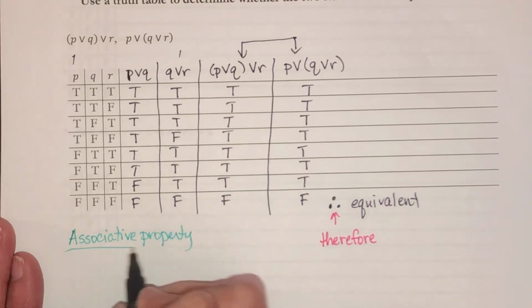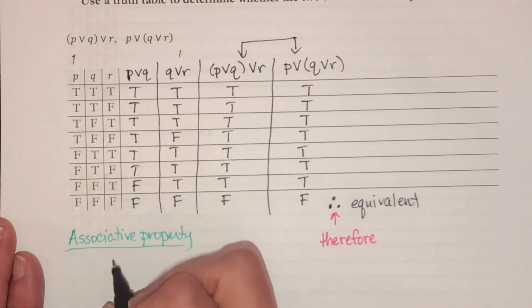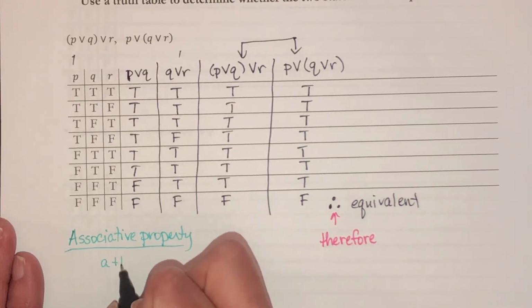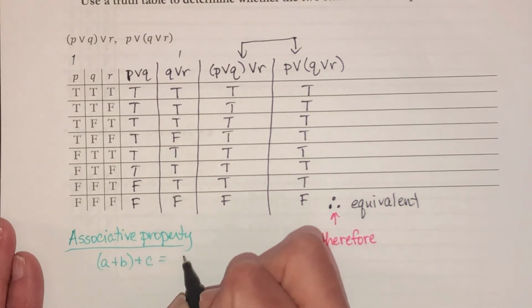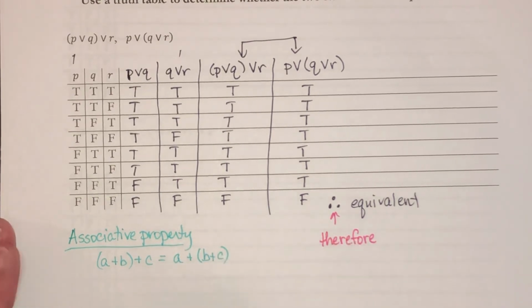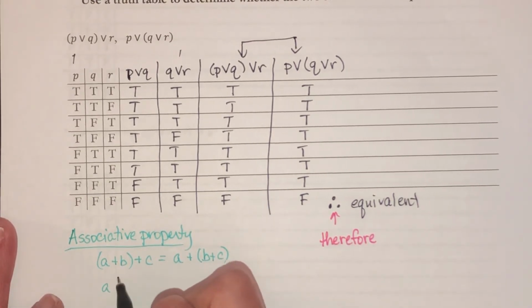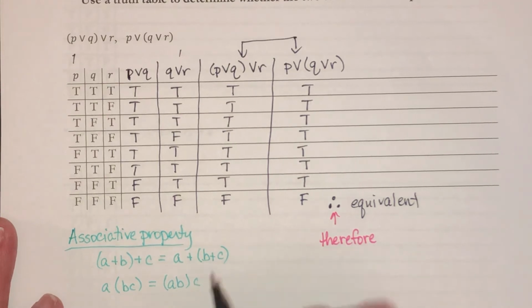Now with arithmetic and algebra, we have an associative property when we have addition or multiplication. And what it says is A plus B in parentheses plus C is the same thing as A plus B plus C. And then the multiplication version would be A times B times C in parentheses, or A and B together, and then a C on the outside.